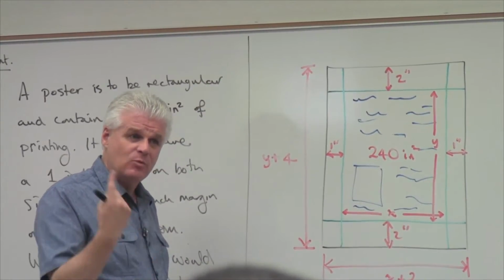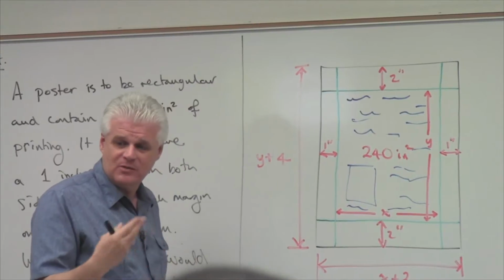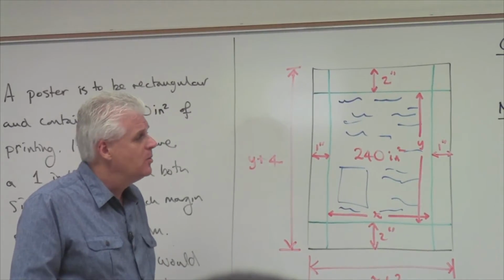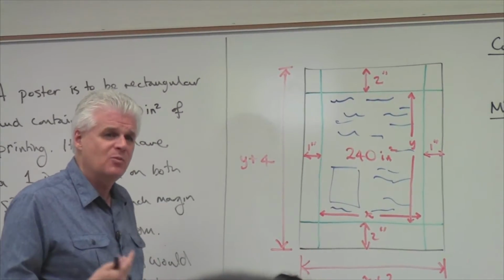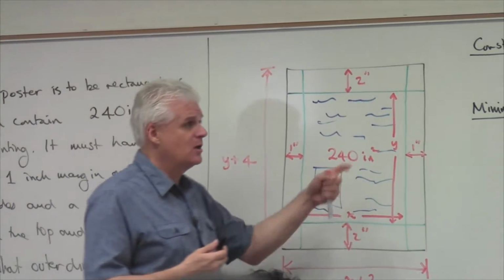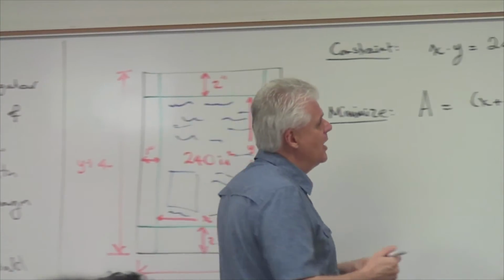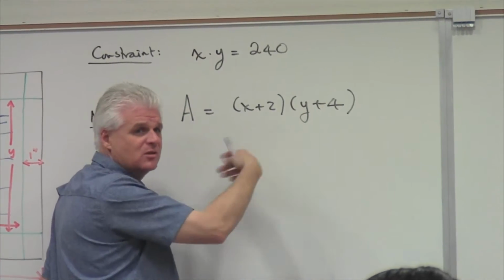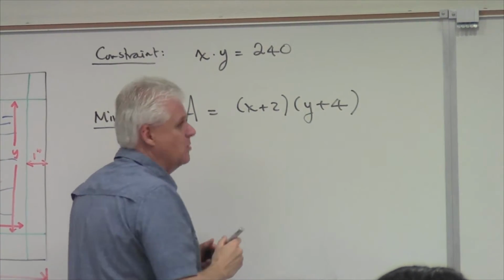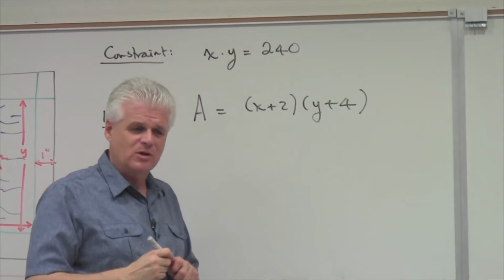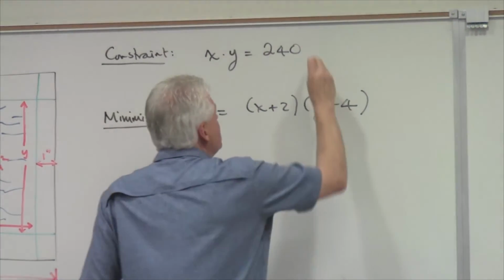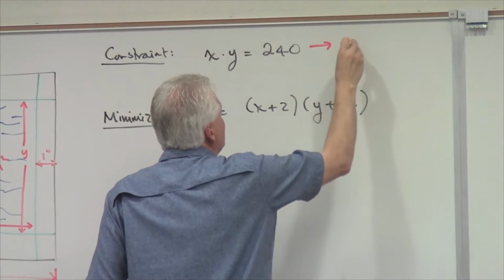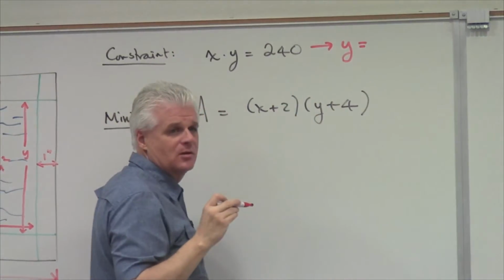Because we only had one variable there, so we didn't have to worry about that one so much. But a lot of the time you do have the too many variables problem, and that's when the constraint can help you. So I either want to get rid of the x and keep it all y's, or get rid of the y and keep it all x's. Doesn't really matter which. I guess we're more used to working with x's, aren't we? So I guess I'll do that. So what is y in terms of x?